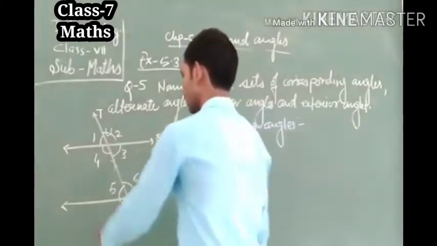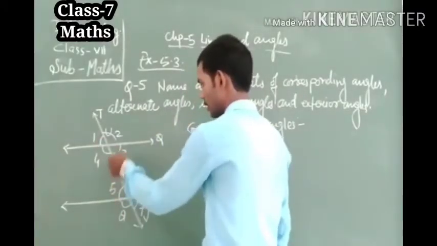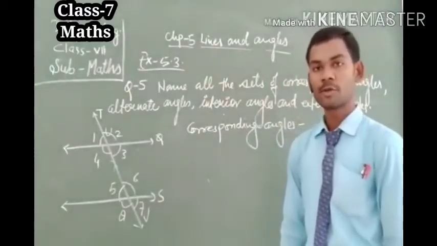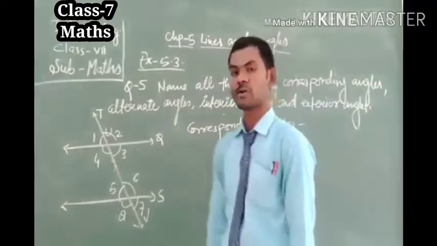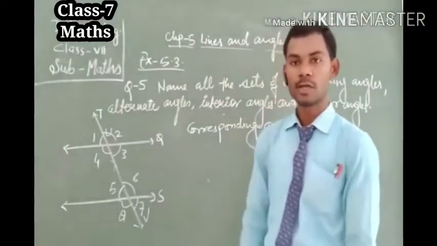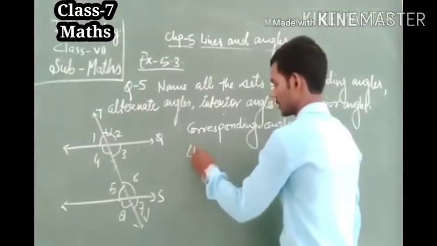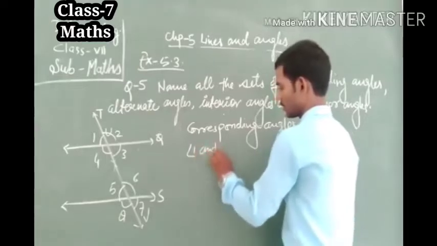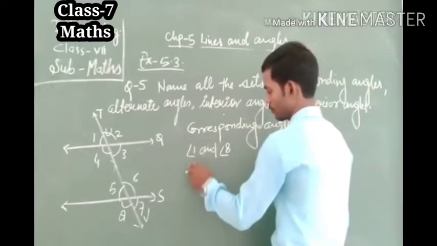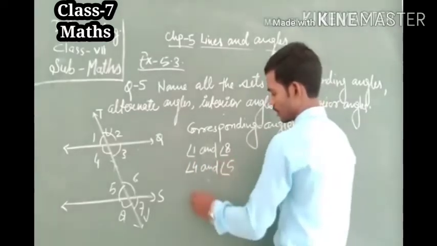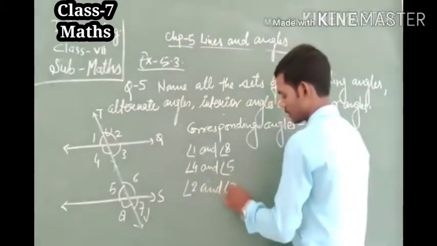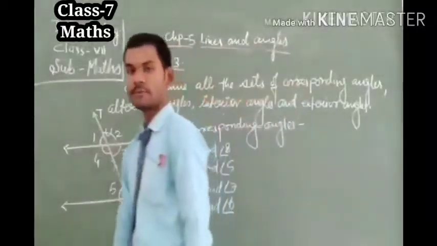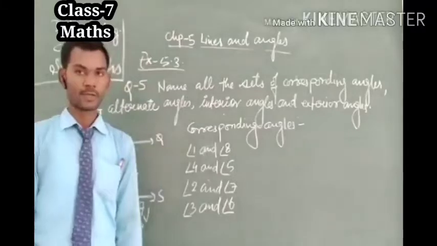So here we can say that angle 1 and angle 8, angle 4 and angle 5, angle 2 and angle 7, angle 3 and angle 6 are corresponding angles. Why? Because as we apply the definition, we can find all the sets of corresponding angles. So here we write angle 1 and angle 8, angle 4 and angle 5, angle 2 and angle 7, angle 3 and angle 6.